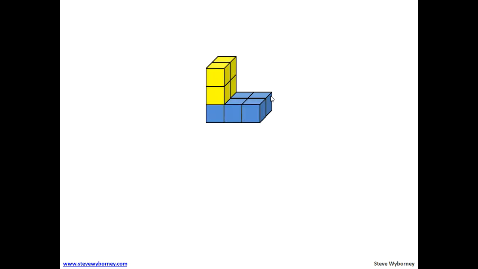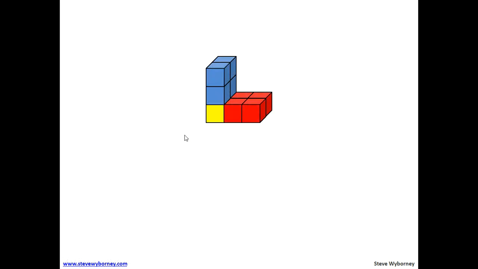So when you look at it a different way, you may see it like this. You may see 4 on top, and then 6 on the bottom here, 2 underneath that 4, plus another 4 over here. 4 plus 6 will also give you an answer of 10 unit cubes.